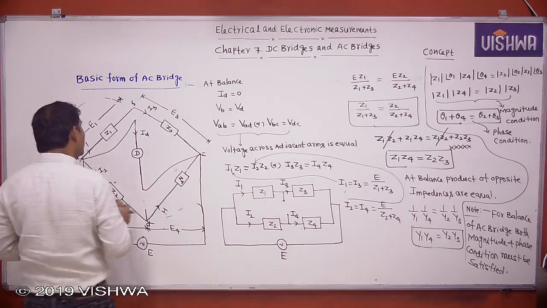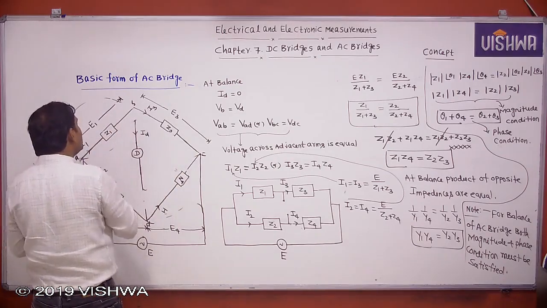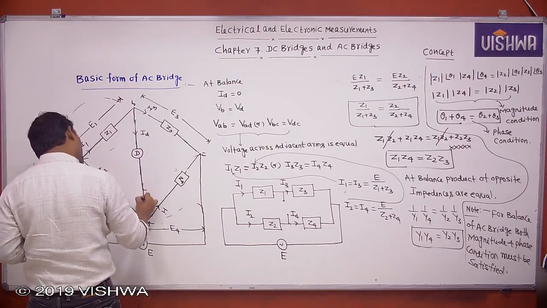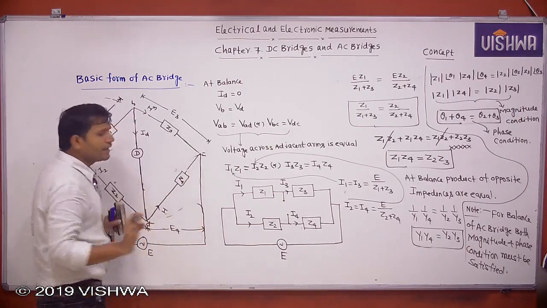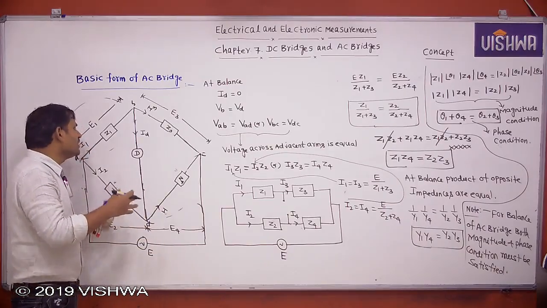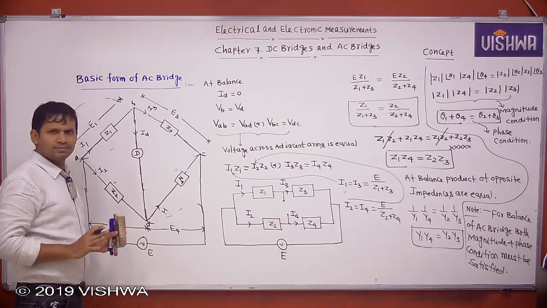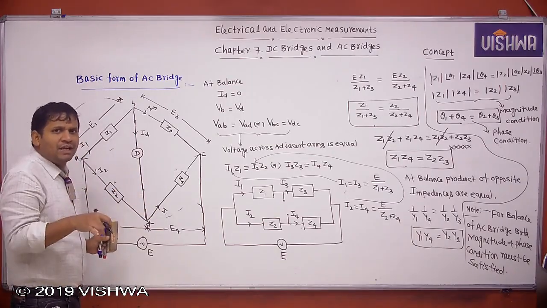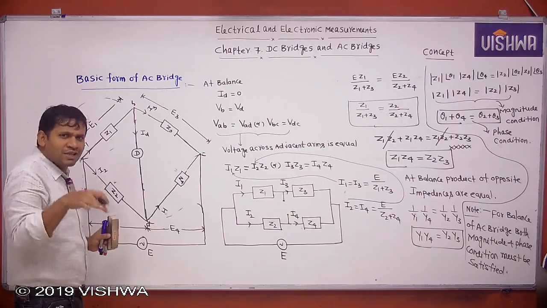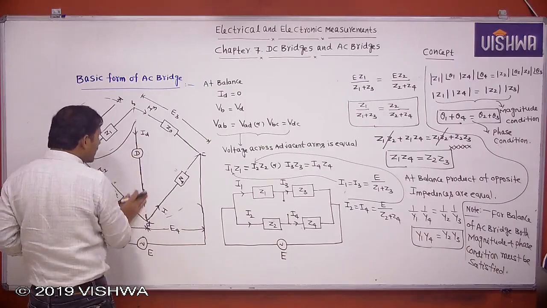For example, let us assume that I am connecting the source between A and C terminals and the detector between B and D terminals. Now by varying some parameters, I bring the bridge to the balance condition. Now at balance condition, I am interchanging the detector and source terminals.